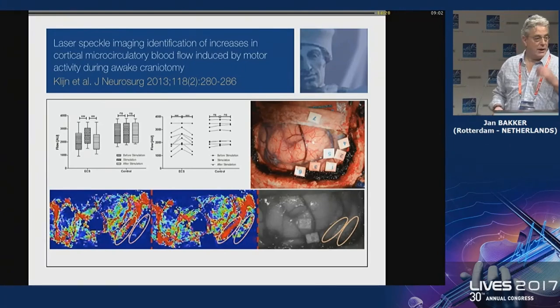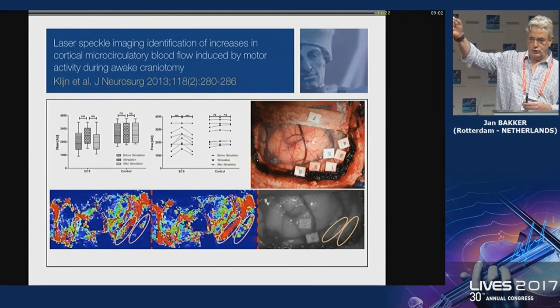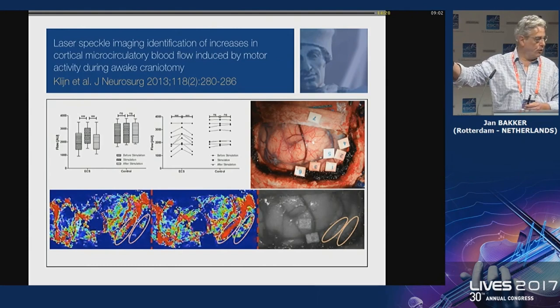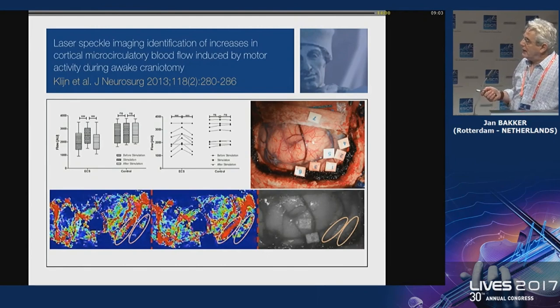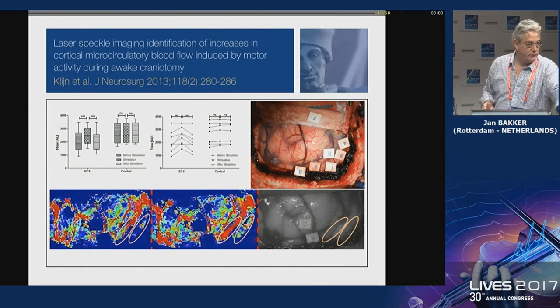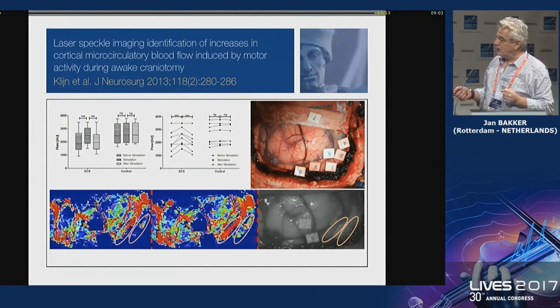This is a study Eva Klein did, and what she asked awake neurosurgery patients to do is this. And I hope you all agree that this doesn't increase your cardiac output. But if you target the microcirculation of the brain with a flow device, and you identify the region where this is controlled, which we did before surgery, and you place these flow probes on that part of the brain, as soon as you are doing this, you see an increase in flow in the brain.